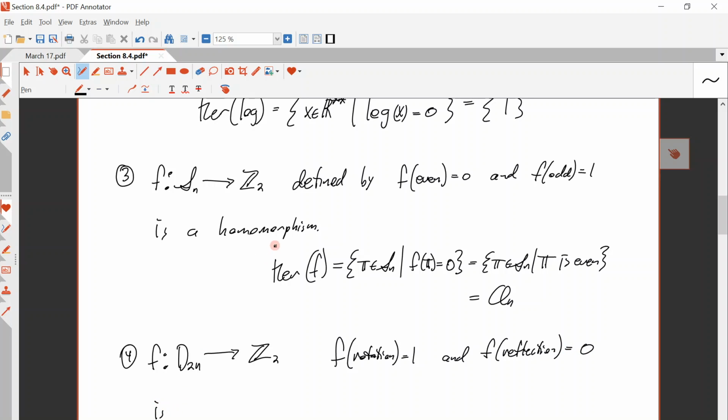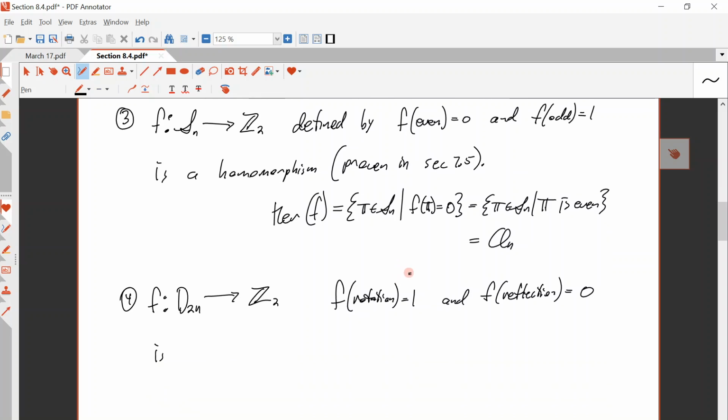We talked about this homomorphism when we did the section on even and odd permutations in Sn. So that was section 7 point something. I forgot. 7.5. Proven in section 7.5.